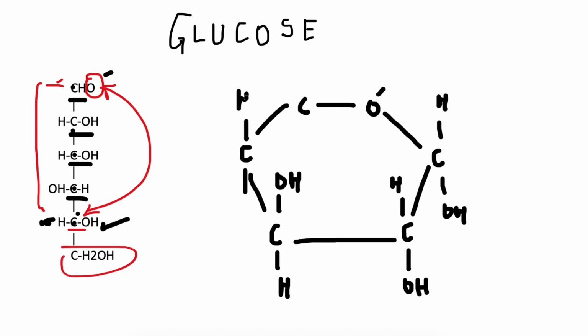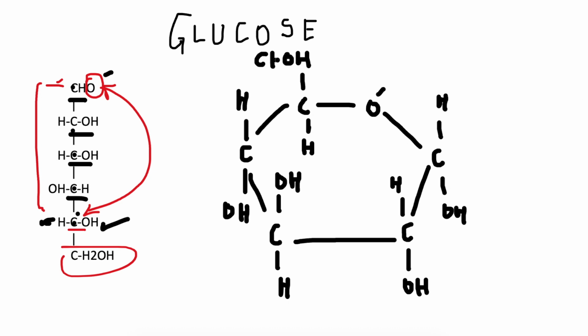I'm not doing anything special. I'm just attaching H and OHs with the carbons to complete the valency. Now this carbon will be bound to 1 H, and then on top this will be CH and OH.